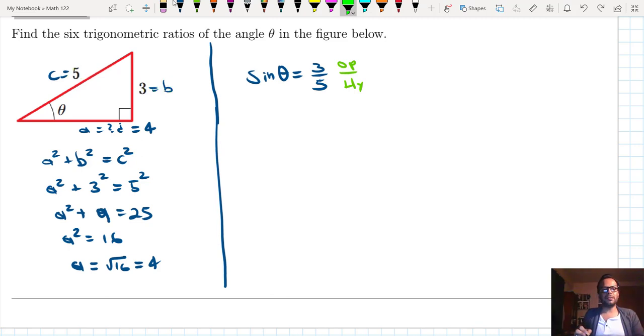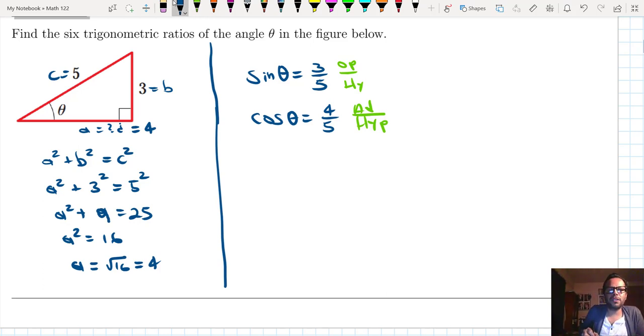Okay, let's look at the second function, cosine. Cosine theta equals, by definition, adjacent divided by the hypotenuse, right? In this case, 4/5. Let's write down the definition. Adjacent over hypotenuse.